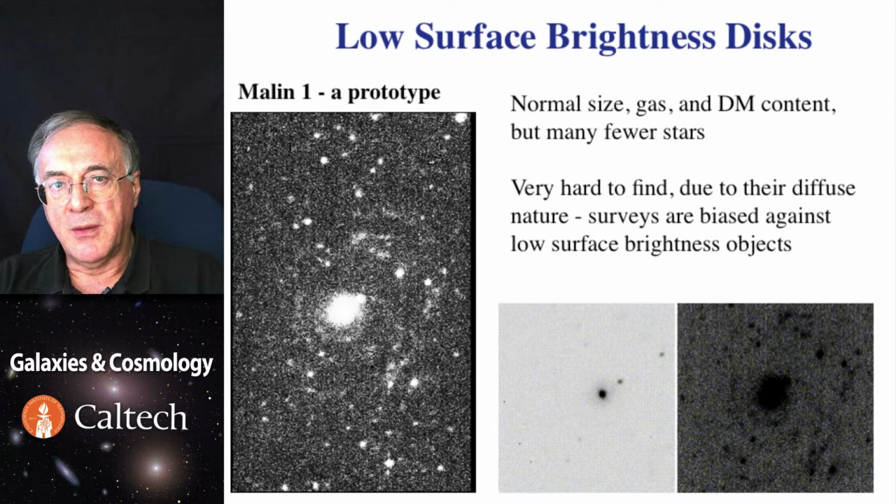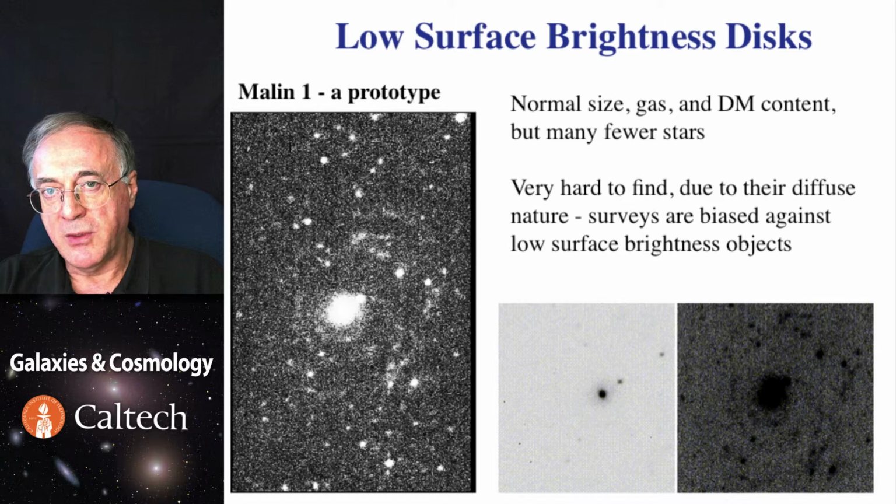More recently, thanks to more sensitive detectors, it was realized that there are a lot of spirals out there which have very, very low surface brightness disks, but nevertheless, they do have disks. And the question was, how many of those did we miss? Those are icebergs in the sky, where you just see the bright central portion, but not the disk, which you really have to work hard to pull out of the noise.